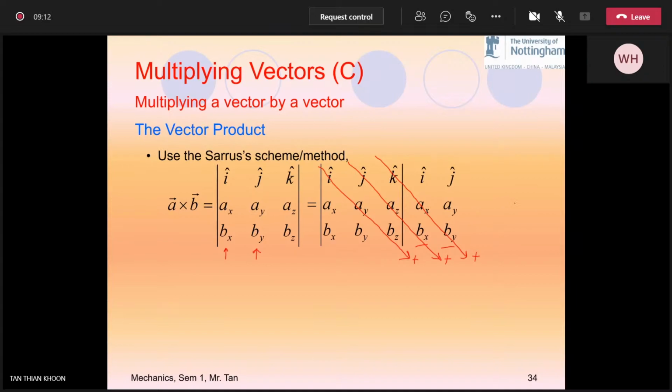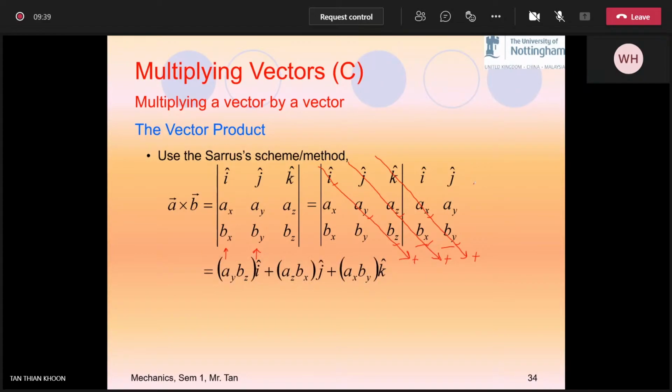A positive. That means, for example, for this first one, I, we will have A, Y, B, Z, I. And for J, we have A, Z, B, X, J. And then for K, we have A, X, B, Y, K. So this is how we get it.